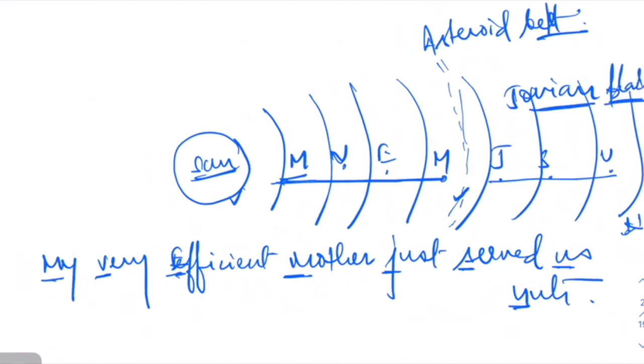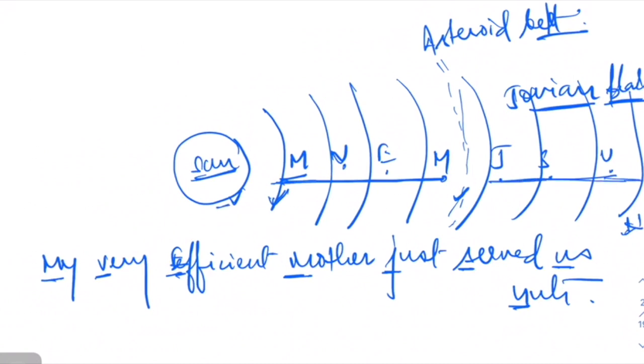What happens is these 4 planets have higher density, not higher mass, but density is higher. They have rocks, right? So that's why they are terrestrial planets. Because of their higher pull of gravitation from the sun, they are arranged like this only.